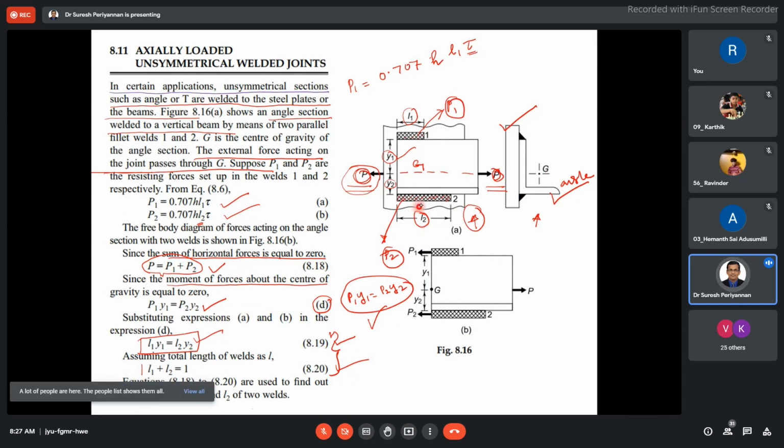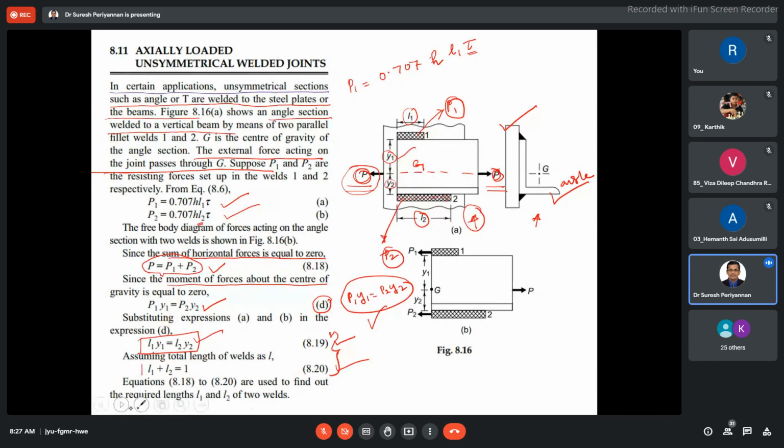The corresponding loads are P1 and P2, for weld 1 and weld 2. How do we find P1, P2 and the weld lengths? We discussed in the last class: L1 Y1 is equal to L2 Y2, and L1 plus L2 is equal to L. From these relations, we can find the length of weld 1 and weld 2.